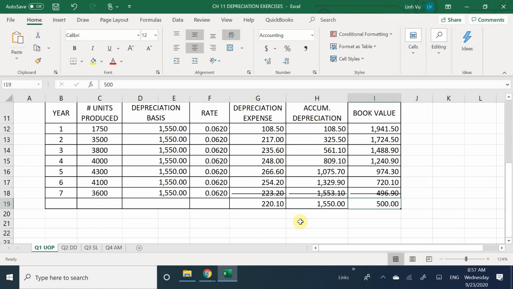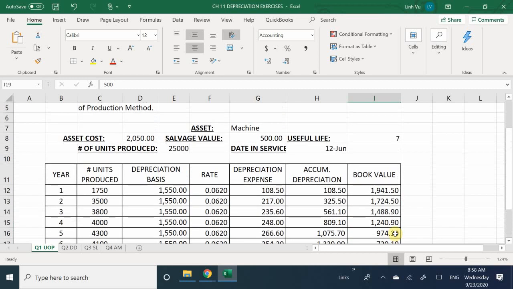Okay? Does everyone understand how we got to these answers right here? Can you repeat that all over again, please? Which from where? The last line, how did you get the 500, 1550, and 20? Okay, so what is salvage value?